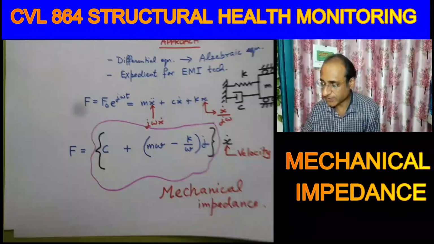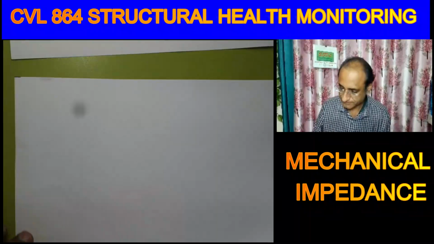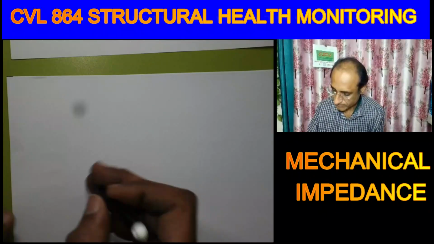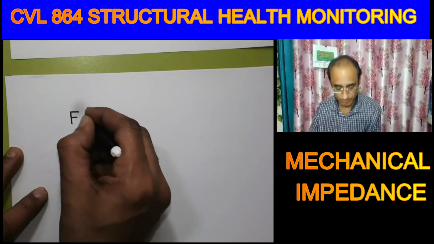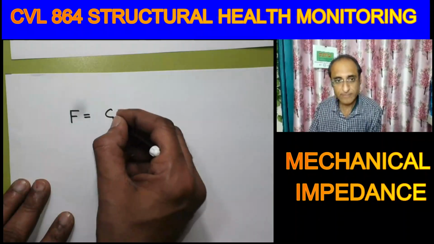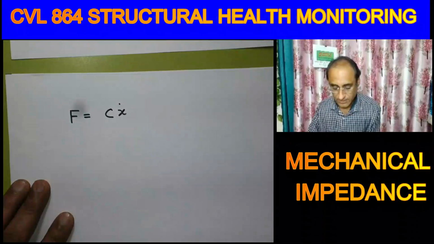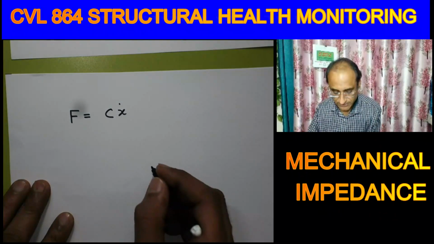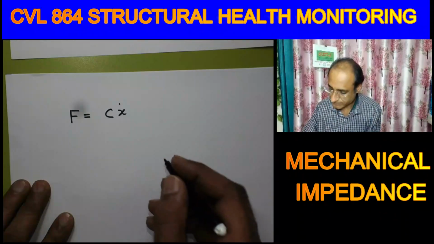What I do is write it like this. So F is equal to C x dot, and then I write the next term.